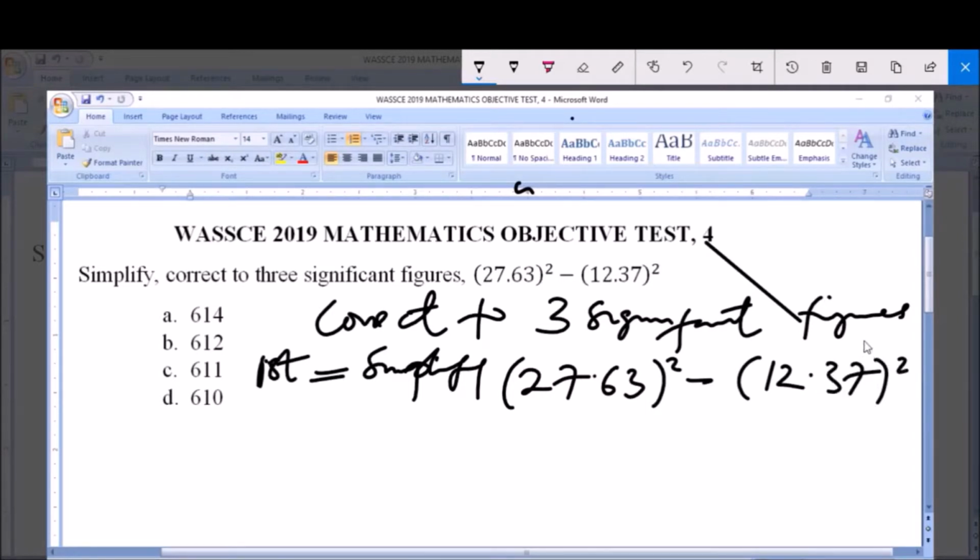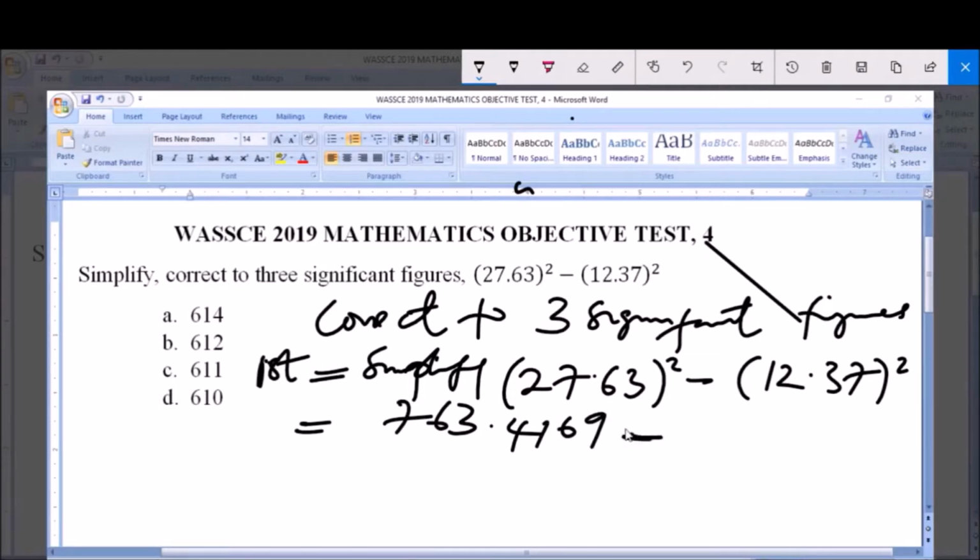Now 27.63 squared, you punch it in your calculator. 27.63 multiplied by 27.63, and that's what it means. And that will give you 763.4169.